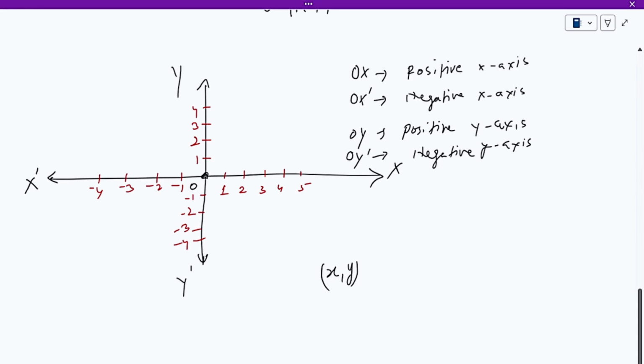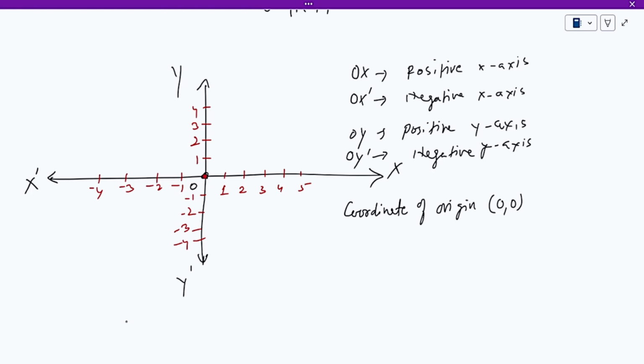The coordinate of the origin is 0, comma 0. Why? Because the point is on the axes, meaning no distance from the x-axis and no distance from the y-axis. That's why it is 0, comma 0.